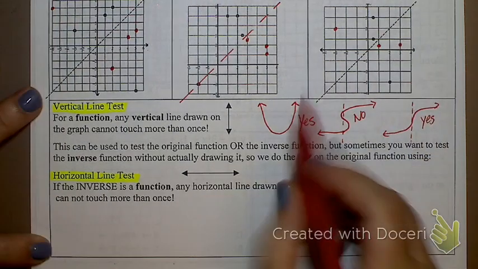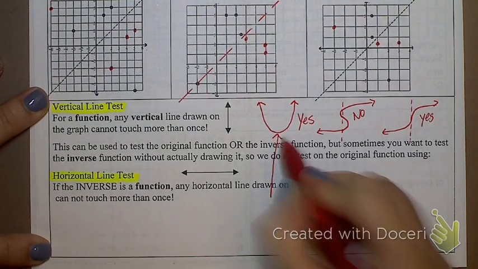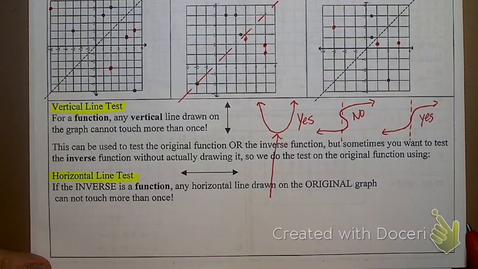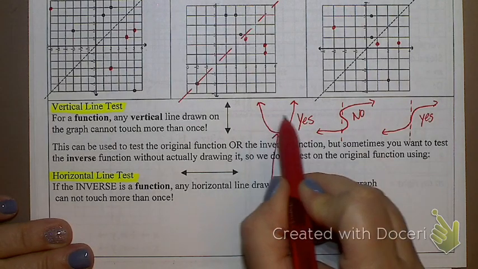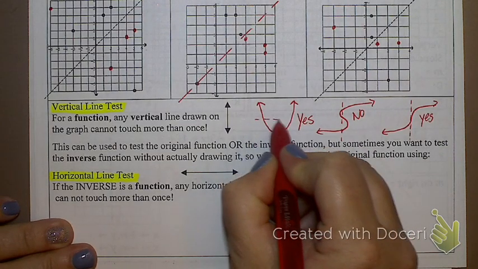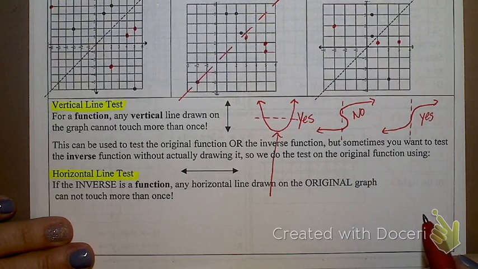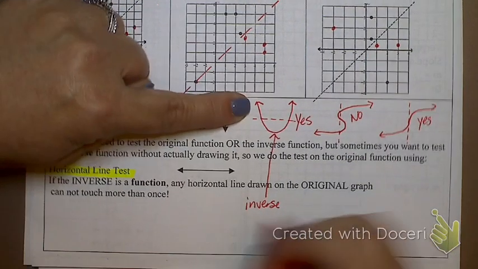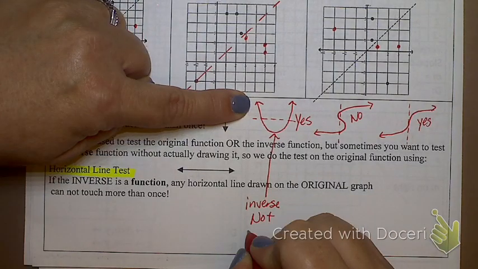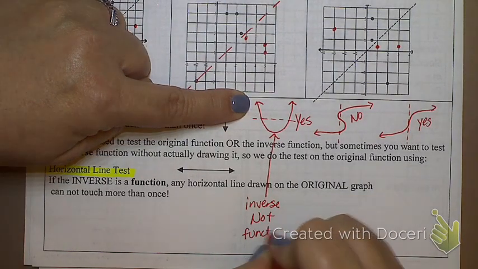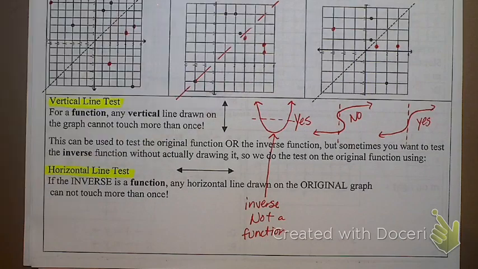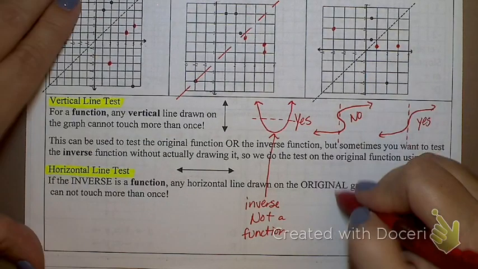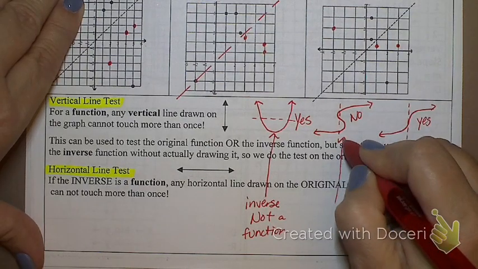So if I look at this first one, is its inverse a function? In other words, does it pass the horizontal line test? No, because if I were to draw a horizontal line through here, it's definitely touching it more than once, right? So the inverse of that graph is not a function. Does that make sense? Good answer. What about this guy?